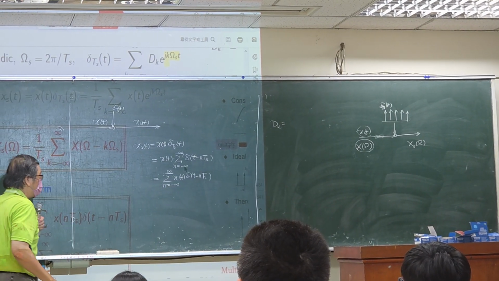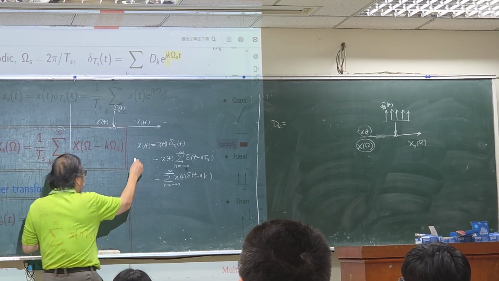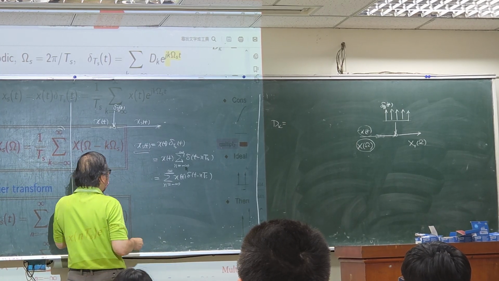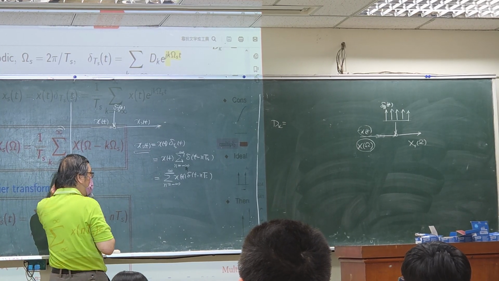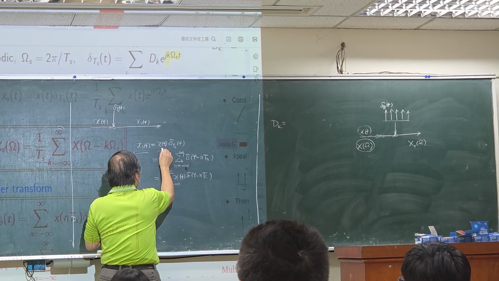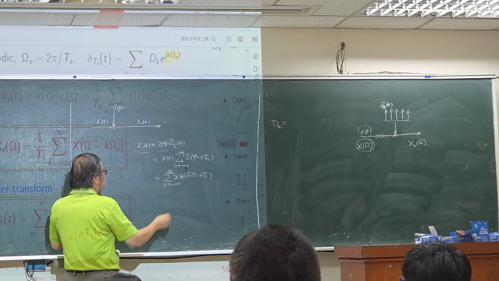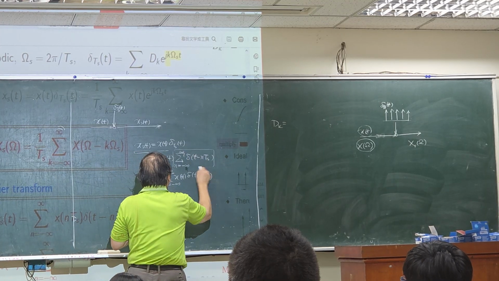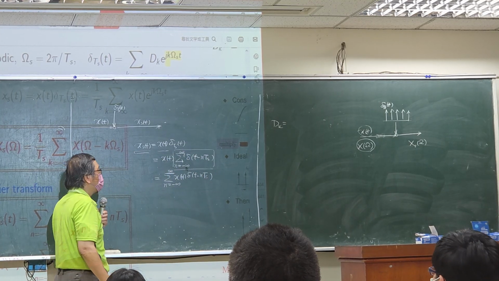Okay, so in the last hour we expressed the sampled signal x(t) as the product of the signal x(t) and an impulse train. That impulse train is the infinite sum of delta functions, right?